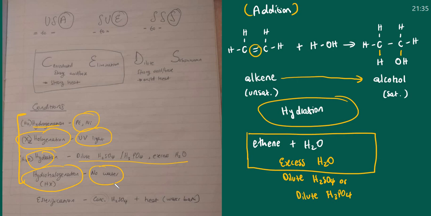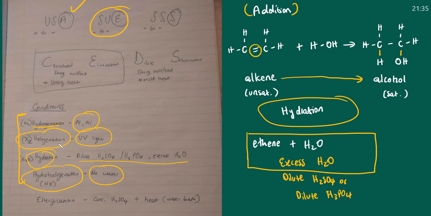Okay, then apart from addition reaction, right, because we only discussed that, there's also elimination, but we already said elimination is the opposite of addition. If I'm removing hydrogen, I will call it dehydrogenation.